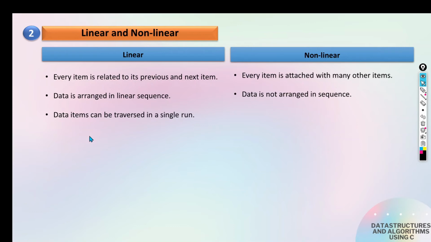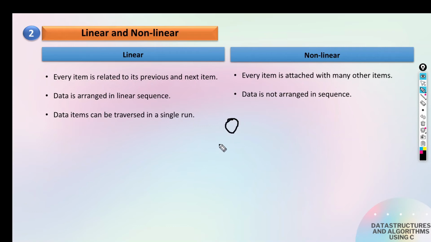In linear, data items can be traversed in a single run. Single run means if you want to traverse the elements, you just have to go to the first element. From there you can go to the next, next, next. The sequence is maintained. Here in non-linear, the traversing doesn't have any particular order. Getting?